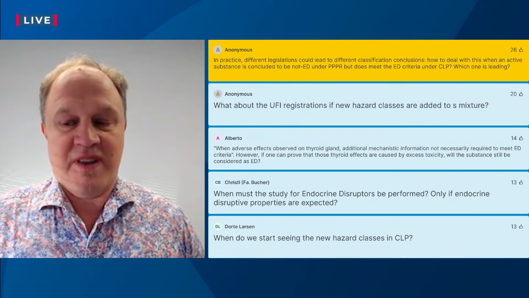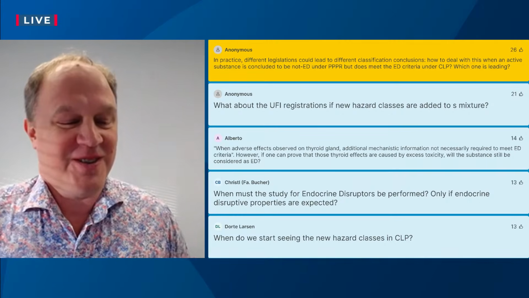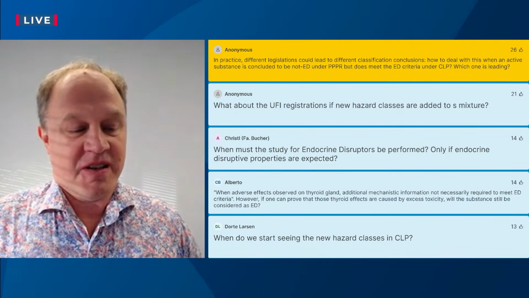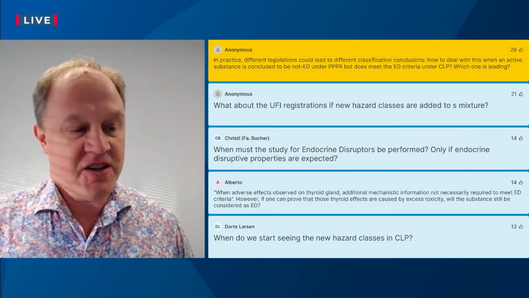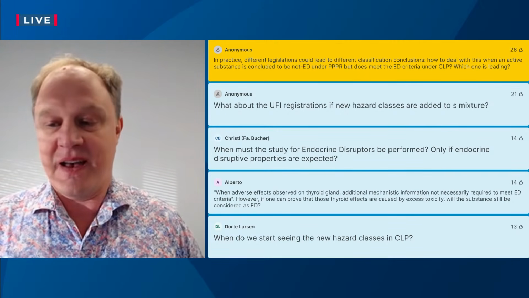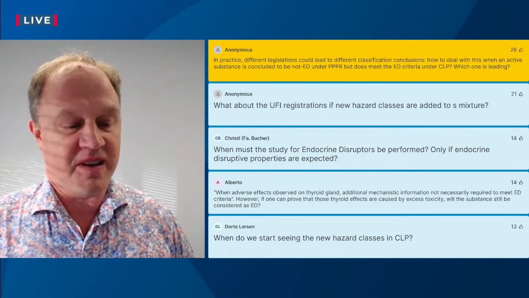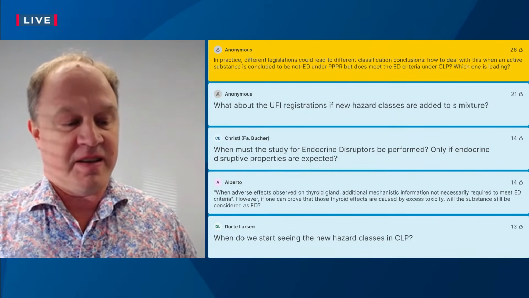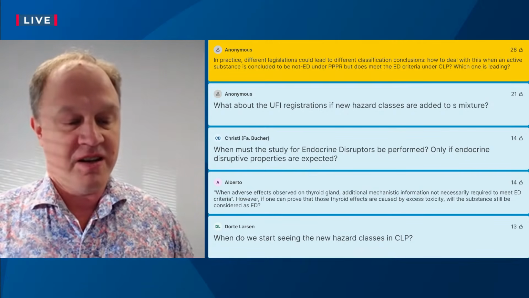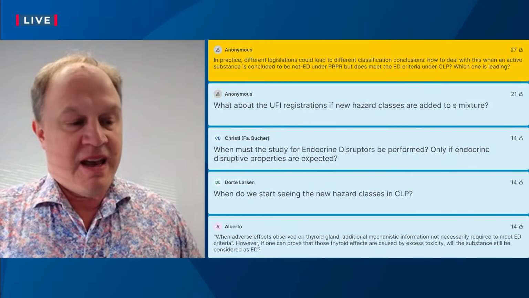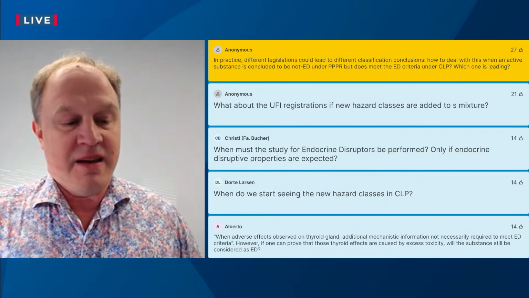Okay, let's start with the last part of the question. CLP applies to all substances. It's a cross-arching legislation and a pesticides regulation only concerns pesticides. So that's a sector-specific legislation. So from that point of view, CLP would be taking the lead.